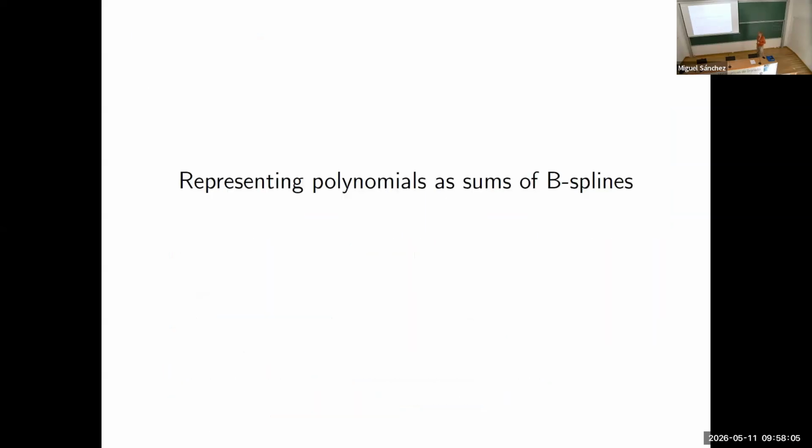Okay, so now let me talk about how you approximate. It's fine, now we know how to evaluate B-splines and their derivatives, but how can we approximate with them? If you need to approximate, it's good to know how to represent a polynomial in terms of B-splines.